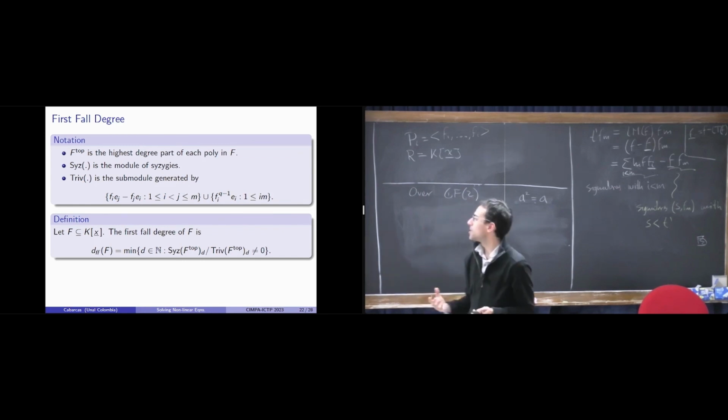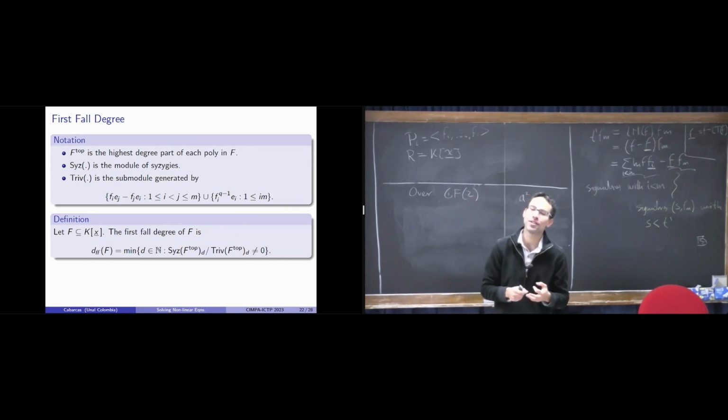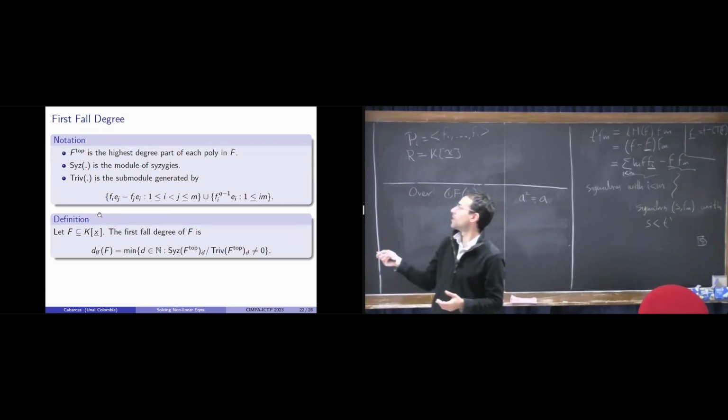The truth is that you can construct systems where the first fall degree is larger than the solving degree, or is lower than the solving degree. And so it's not a very good measure, really, of the solving degree in general. But in many cases, it works. And sometimes it's the best you can find.